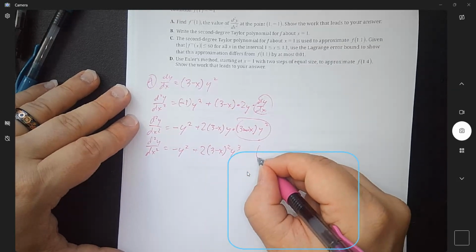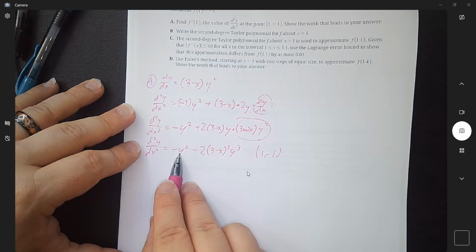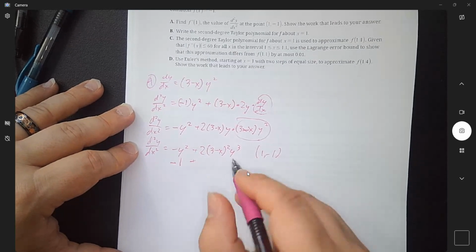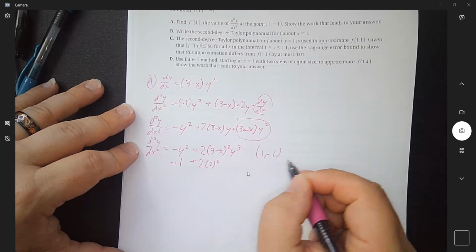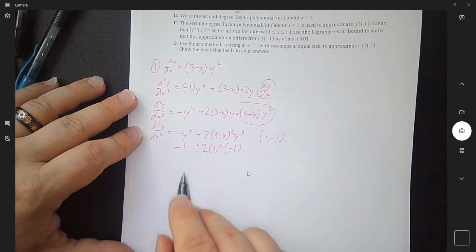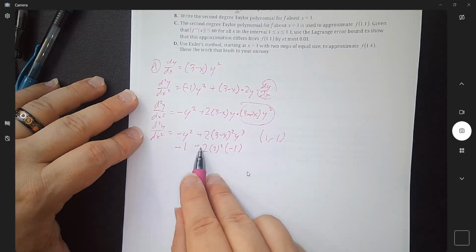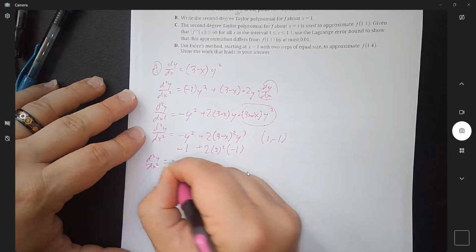We're doing this at (1, -1). So negative 1 plus 2 times 2 squared times negative 1 cubed, which is also negative 1. So we have 8, but negative 8, so it's going to be negative 9. So d squared y over dx squared is negative 9.